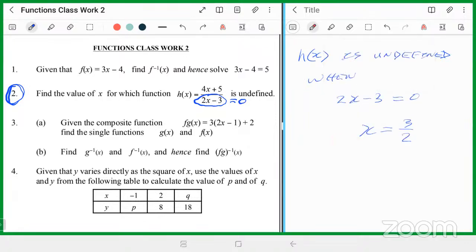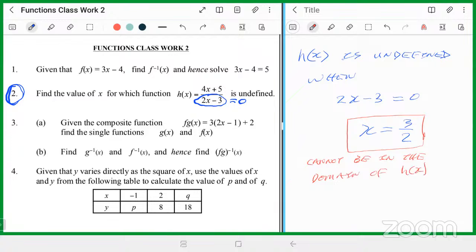This is the answer. The function cannot accept that domain value. So this cannot be in the domain of the function h of x.